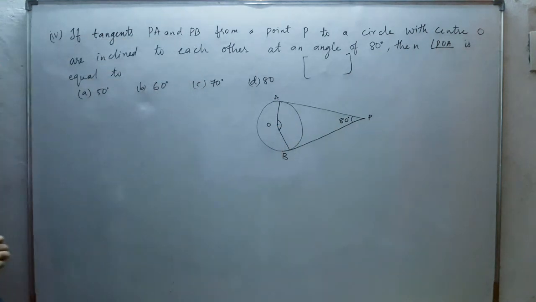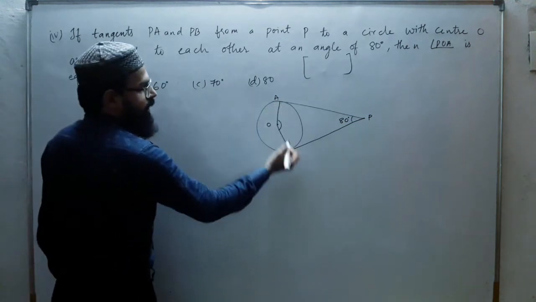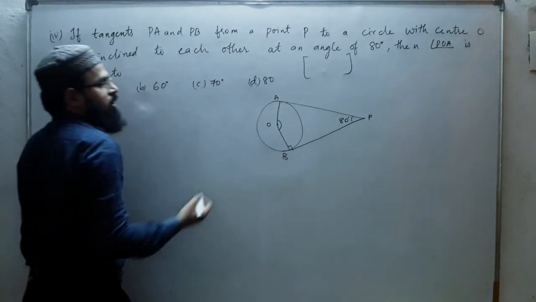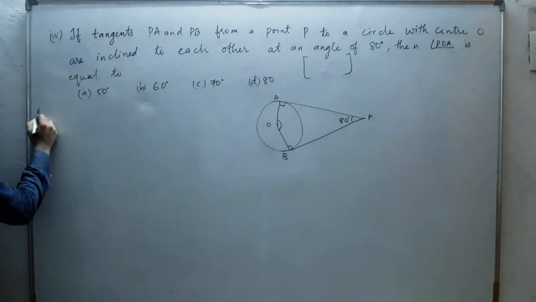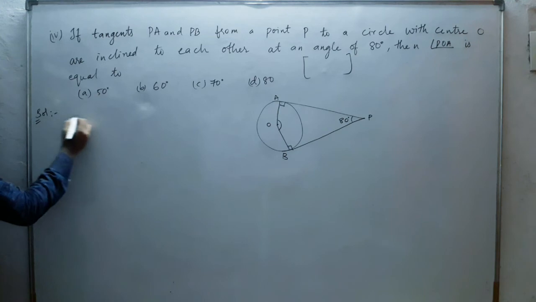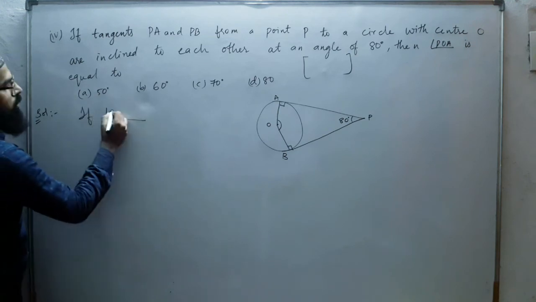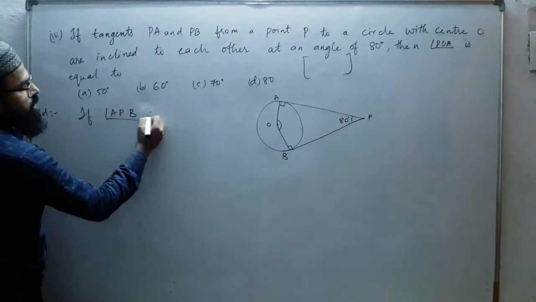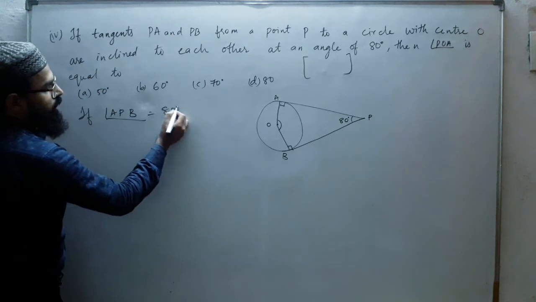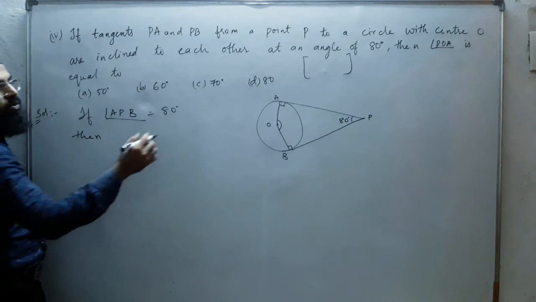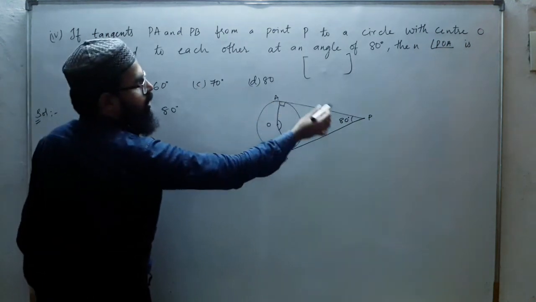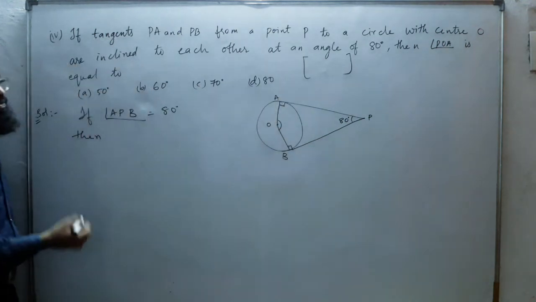This is the center. So we don't know that. But we know this angle is 90 degrees and 90 degrees, as we have already learnt. In solution, let us start this. If angle APB is equals to 80 degrees, then we get, according to in quadrilateral, sum of all angles is 360 degrees.